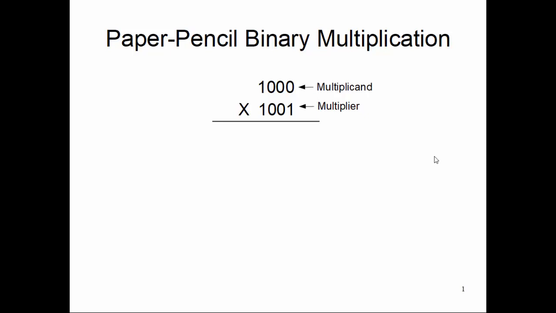Before we proceed further, just to recall, binary has two digits, right? 0 and 1. So anything you multiply with 0 is 0, just like decimal, 0 multiplied by anything is always 0.